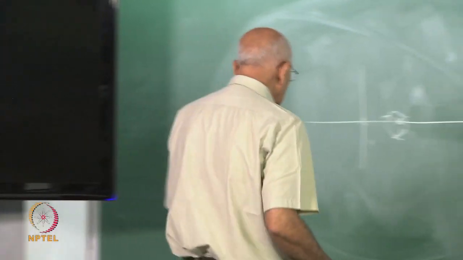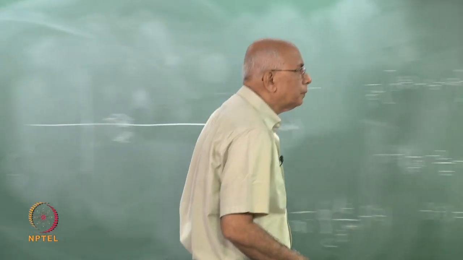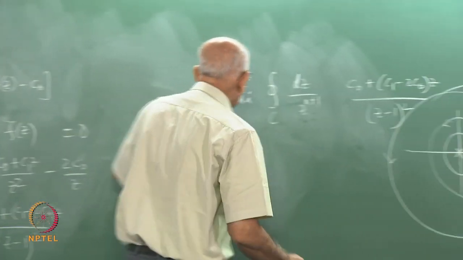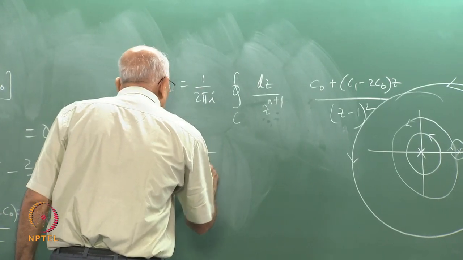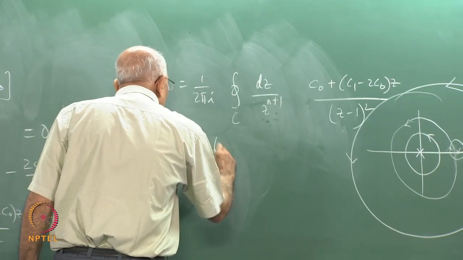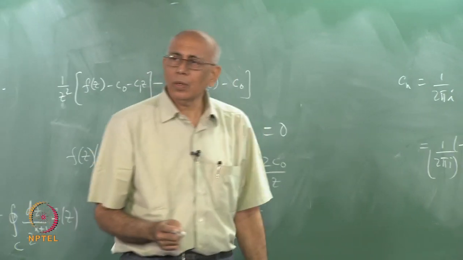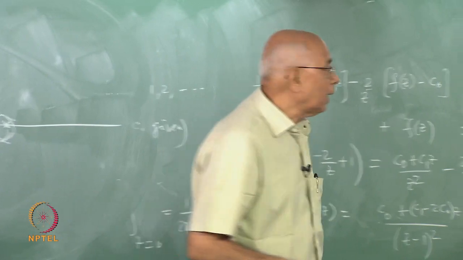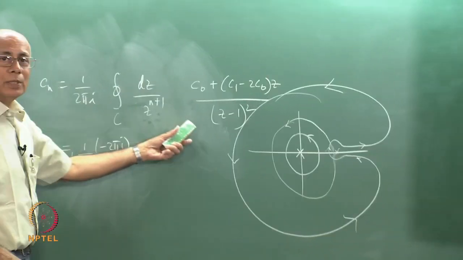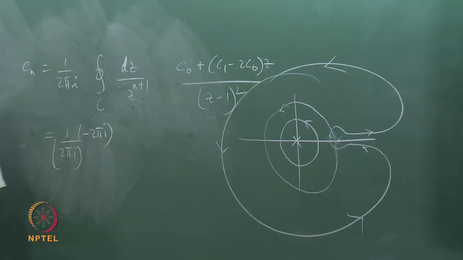So this whole integral is equal to 1 over 2 pi i times minus 2 pi i, because it is in the clockwise sense now, times the residue of this function at z equal to 1.